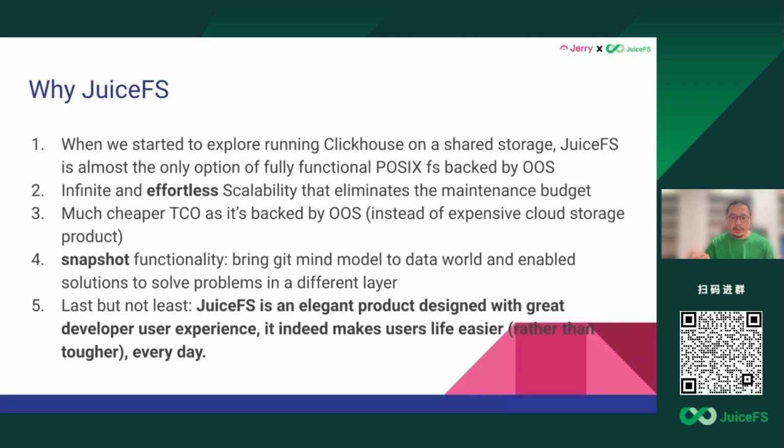The fourth one is that it has a very imaginative snapshot feature. I specifically considered this, which brings us Git-style branching, bringing the mindset of Git to the level of the file system.